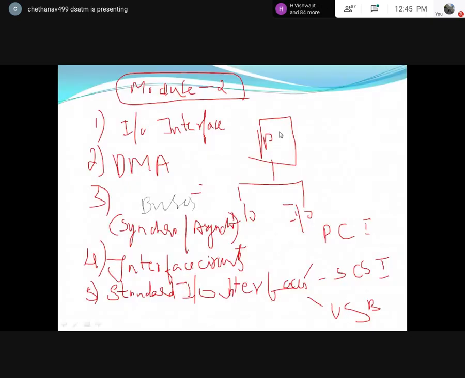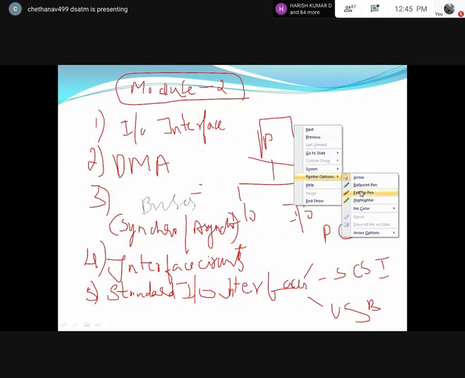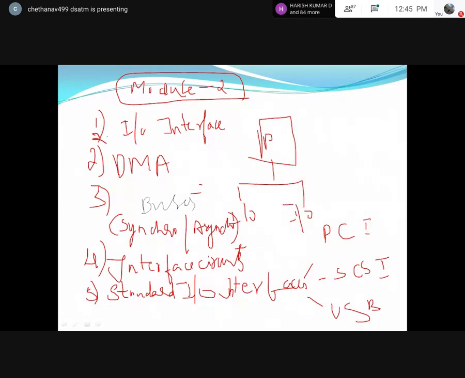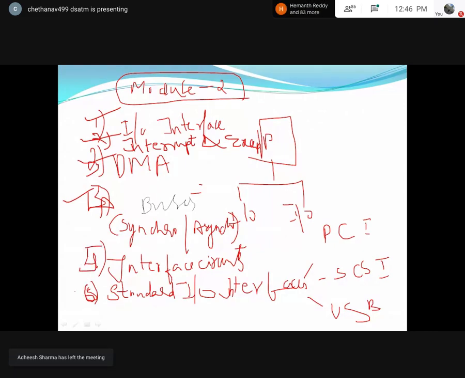I think this is the second concept: interrupt and exception. So input output interface, interrupt and exception, third one is DMA, fourth one is buses. Inside the buses, synchronous and asynchronous, and interface circuits, that is the fifth one. Sixth one is your standard input output devices, that is nothing but PCI, SCSI, and USB.